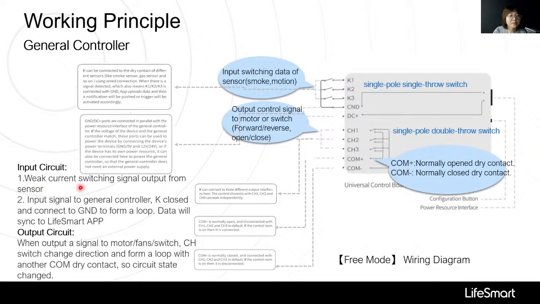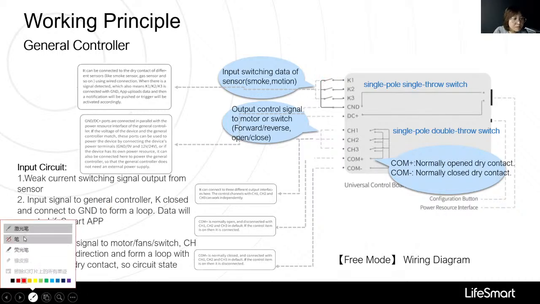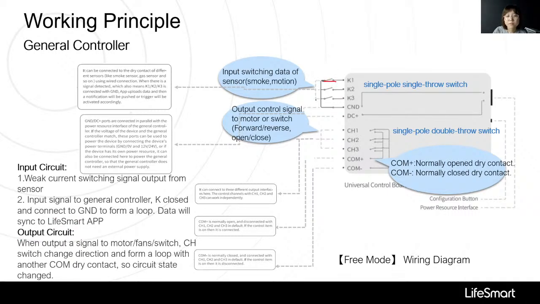When the weak signal output from the sensor is input to the general controller, K will be closed and connect to the ground to form a loop. And data will sync to the LifeSmart app.